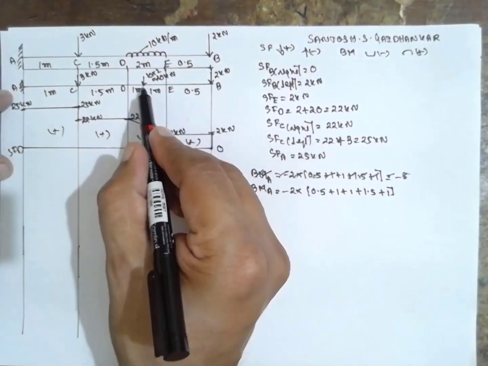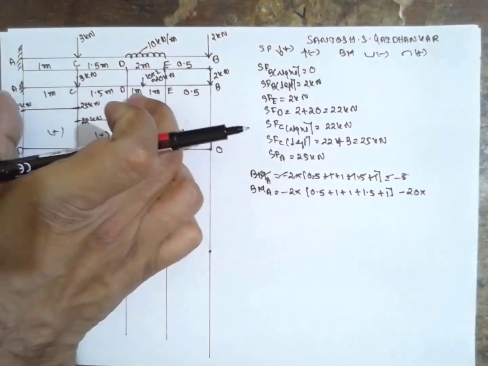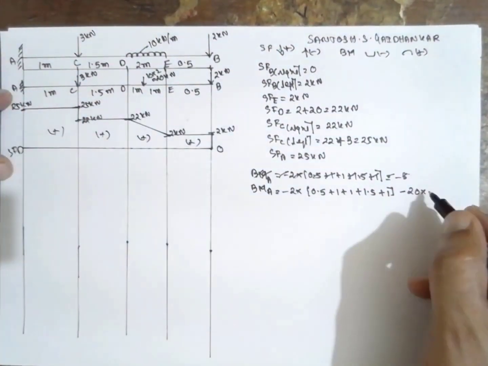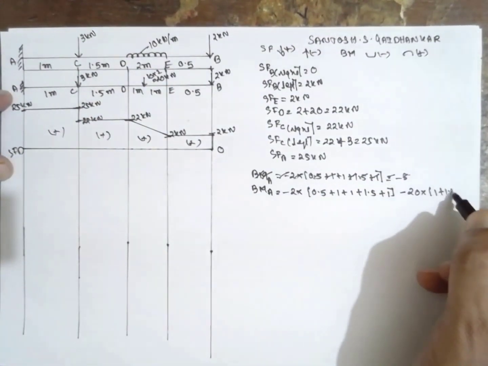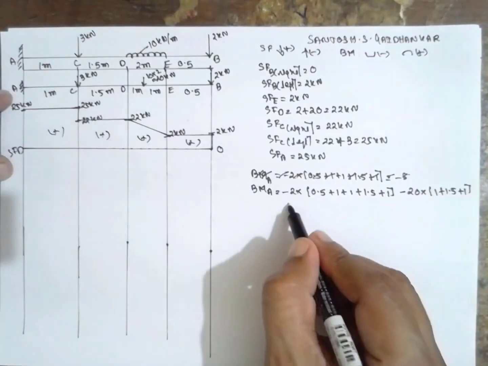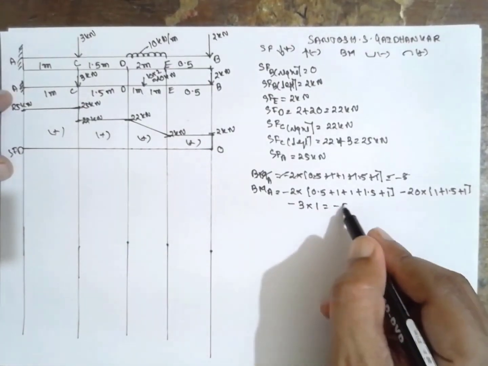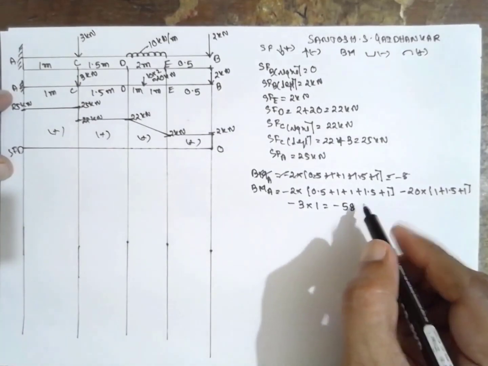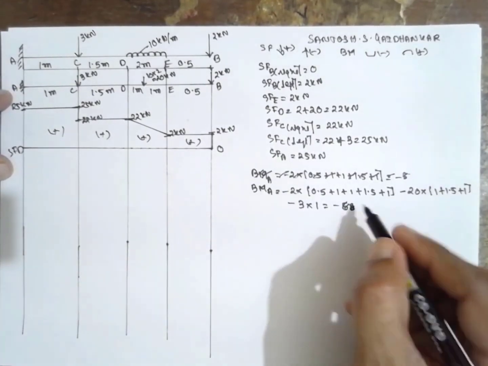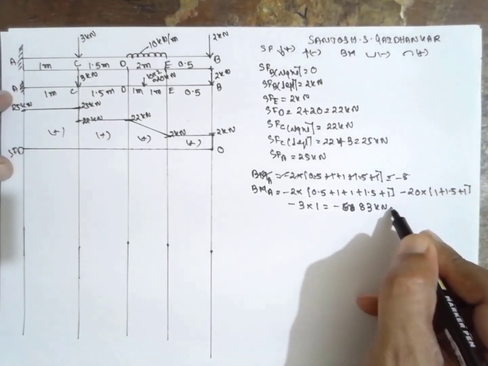Next this part, minus 20 into total distance, that is 1 plus 1.5 plus 1. Next, minus 3 into 1. The answer is minus 83 kilonewton meter.